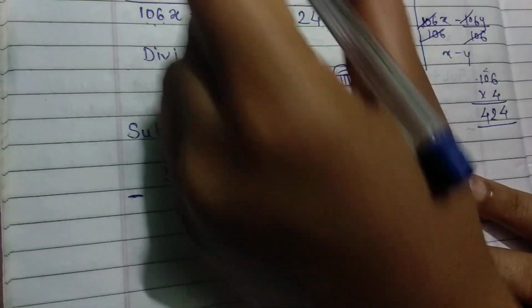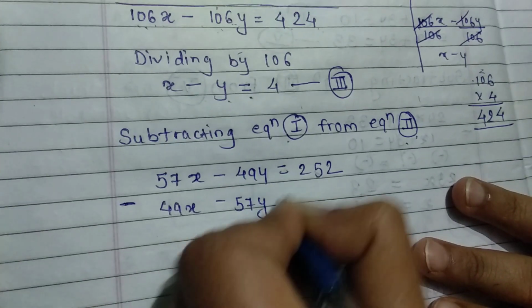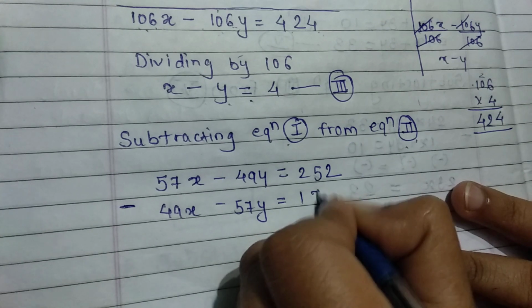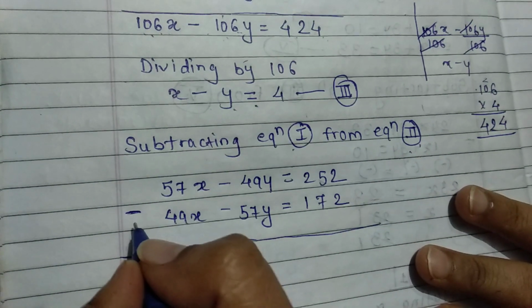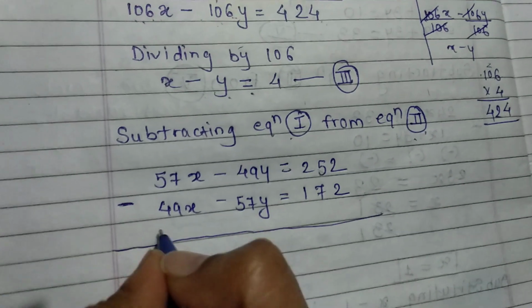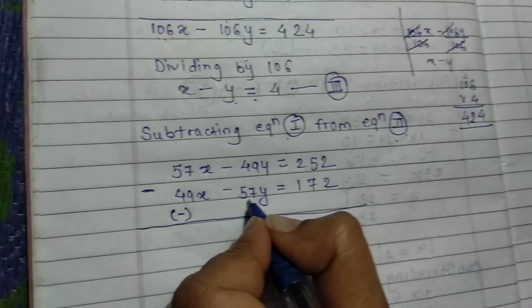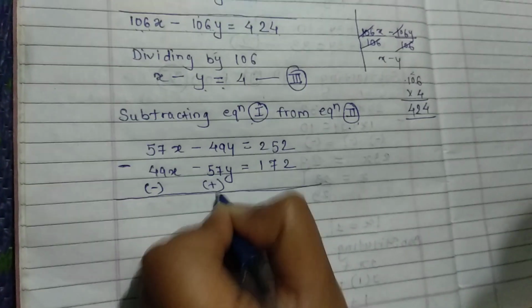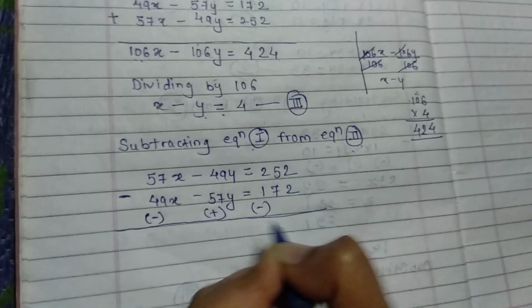Minus sign, and equation number 1: 49x minus 57y is equal to 172. So here I say subtract. All of you know that because of this minus sign, all the signs of the second equation are going to change. So the plus 49 becomes minus 49, minus 57 becomes plus 57, and the plus 172 becomes minus.